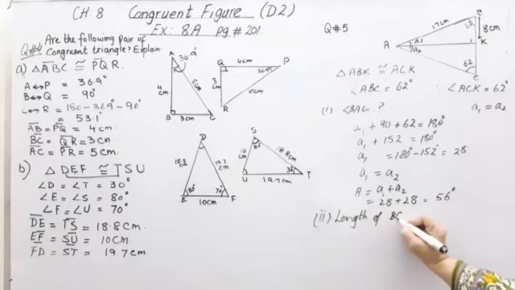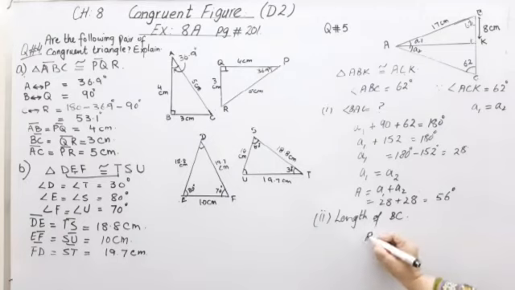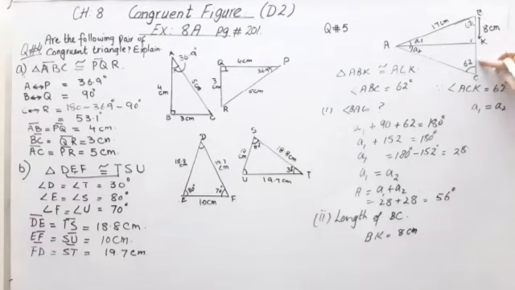The second part is to find the length of BC. Now we know BK is 8 centimeters, and they are the same distance from each other.